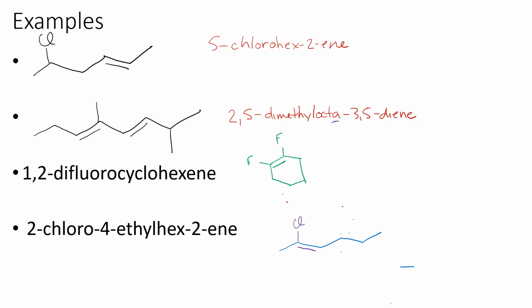And then on our fourth carbon atom, we have an ethyl group, which is a 2-carbon chain. So your structure should look something similar to this. Again, it doesn't matter what side you start on. If you started numbering on the right instead of the left, it does not matter. What matters is the number count compared to the chain itself.